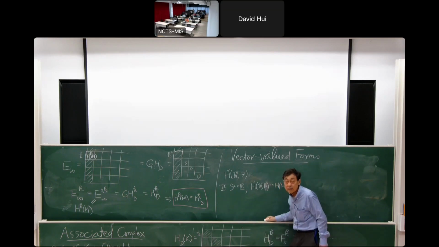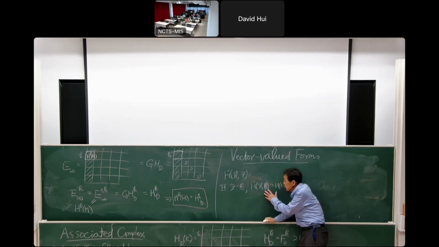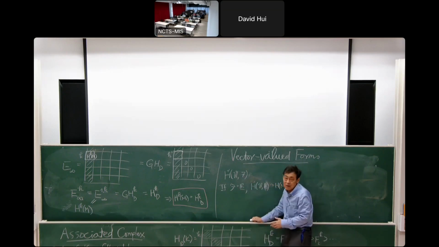Okay? Now, de Rham cohomology is concerned with R valued forms, but in general, this sheaf might not be R, you know.